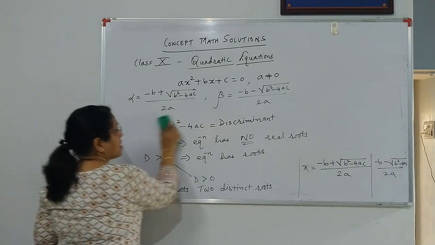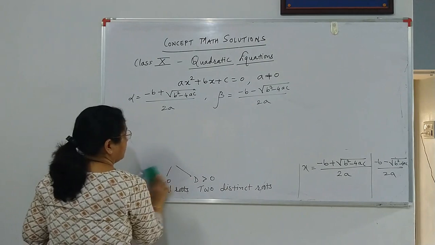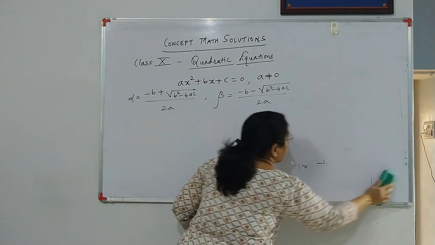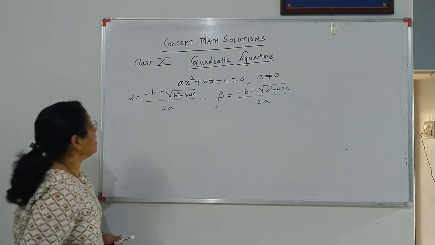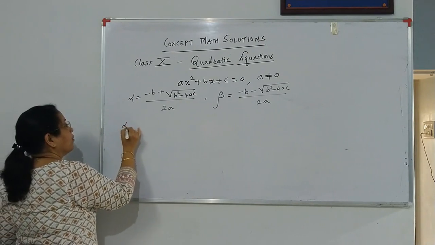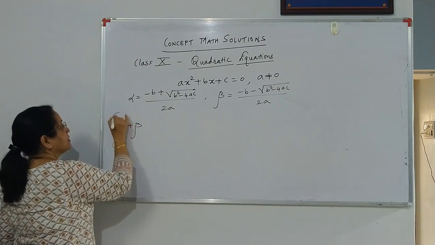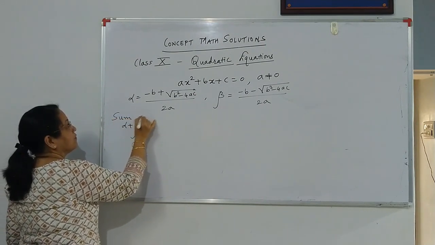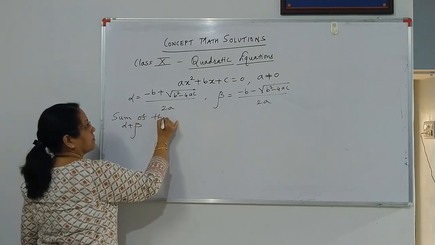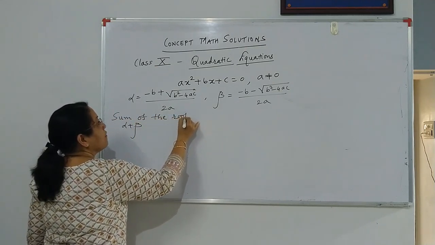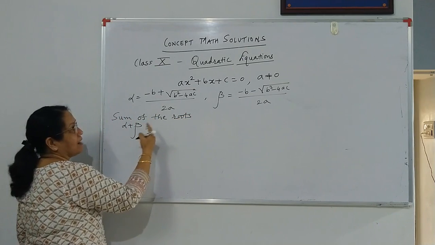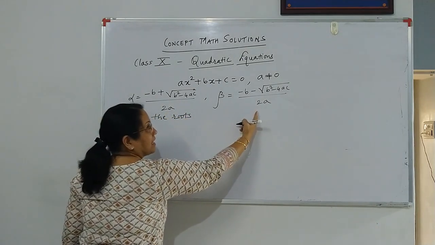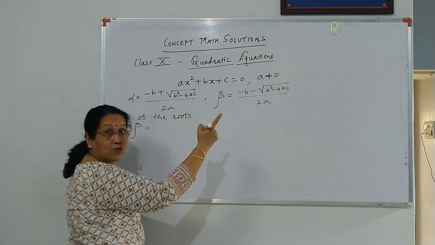Now, coming back to this alpha and beta, if I add both, that is, I go for the sum of the roots. If I add alpha and beta, you know denominators are same, we can directly add the numerators.